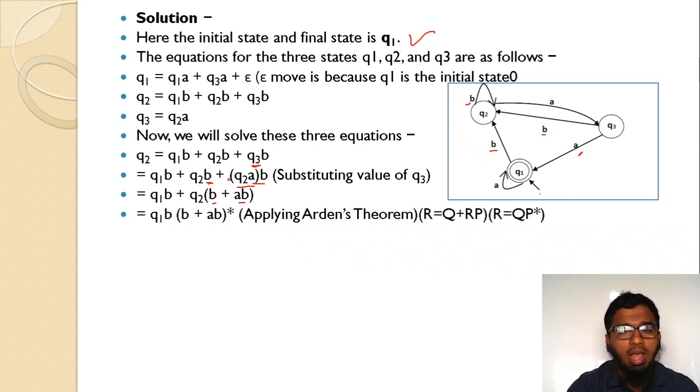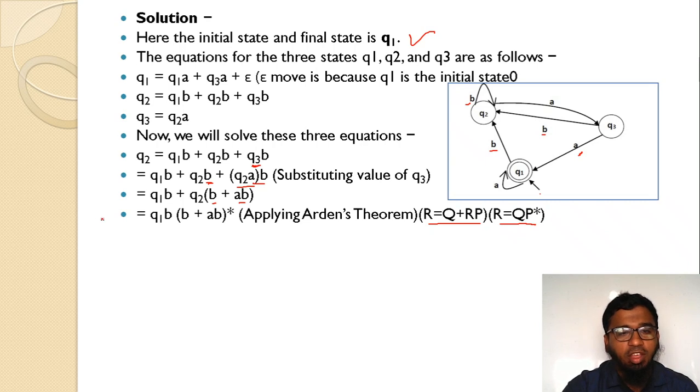Now we need to apply Arden's theorem. What is Arden's theorem? R is equal to Q plus RP. Whenever we have this kind of equation, in place of that we write R is equal to QP star.